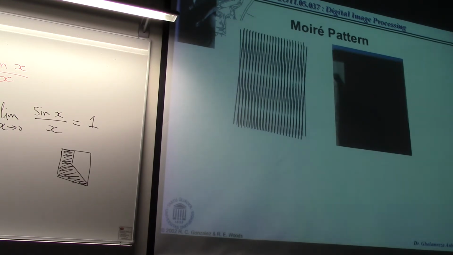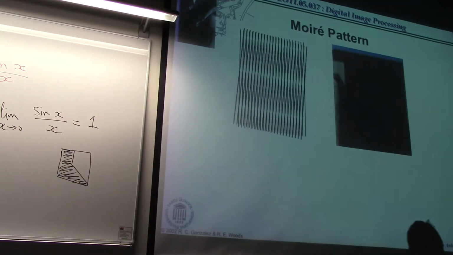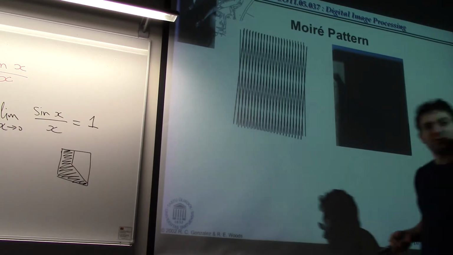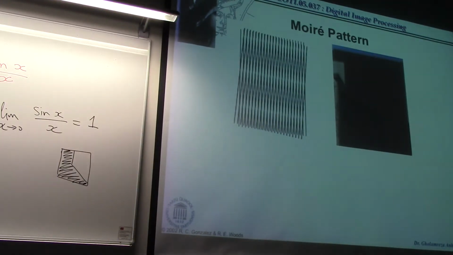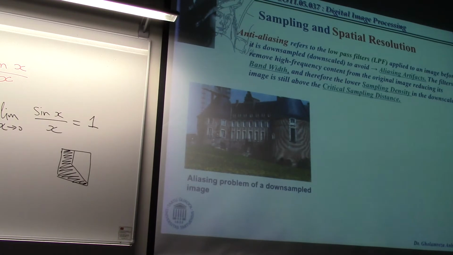Moire patterns are patterns with lots of, let's say, parallel lines and lots of small blocks which are causing the aliasing, because the frequency is very high in here. So for this type of pattern, we have to have a very good sampling rate, or we have to use other techniques which you can see in here.